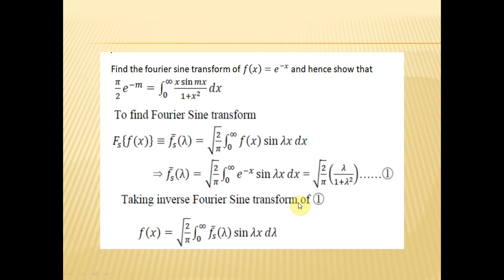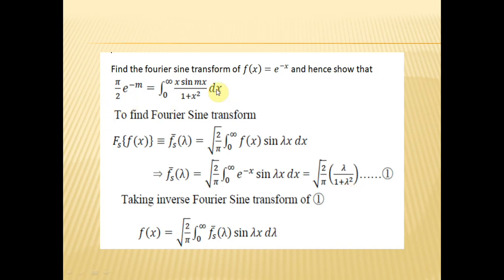Now in class 1 already we have discussed the formula for integral over 0 to infinity e raised to minus x sine lambda x dx, and it is given to be lambda by 1 plus lambda square. So that the Fourier sine transform of e raised to minus x becomes root of 2 by pi lambda by 1 plus lambda square.